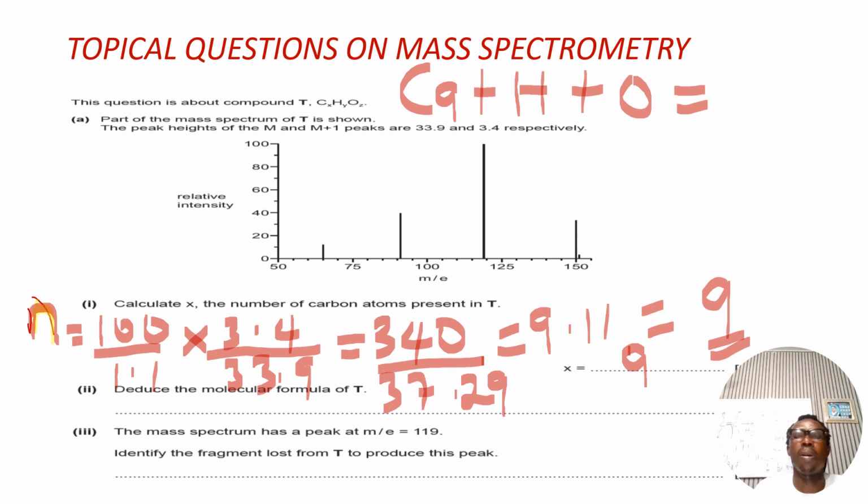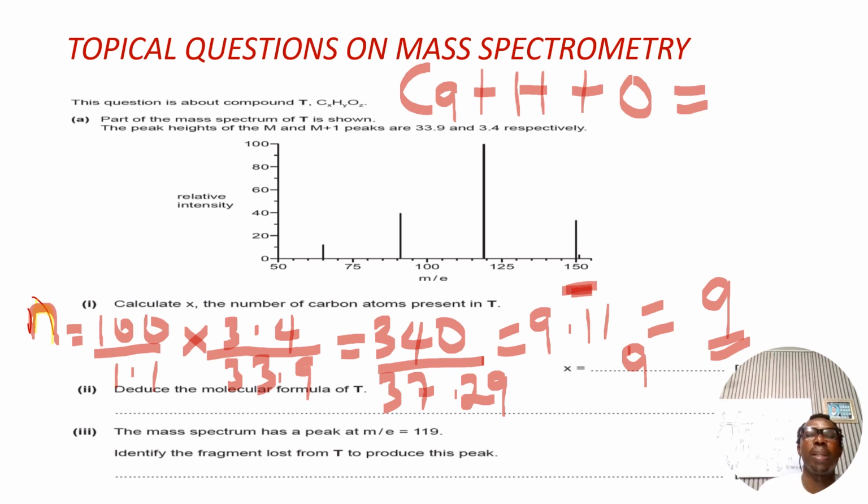Now the relative molecular mass has to do with the molecular ion peak. Now from the graph, we need to trace the molecular ion peak. The molecular ion peak is the peak that has the highest mass to charge value, which is 150.